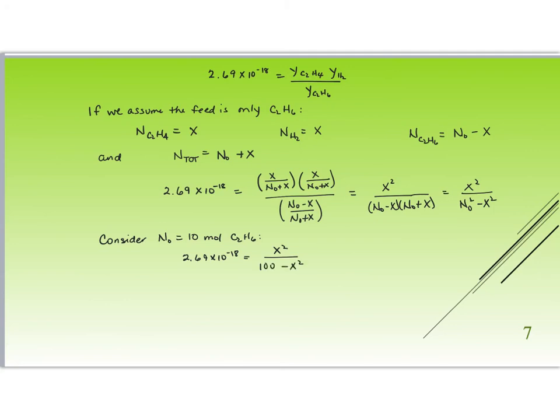And if I multiply both sides by 100 minus x squared and simplify this, I solve this and you end up with 2 roots. You get plus or minus 1.64 times 10 to the minus 8th. So a couple of comments about that answer. First of all, you end up with two answers.